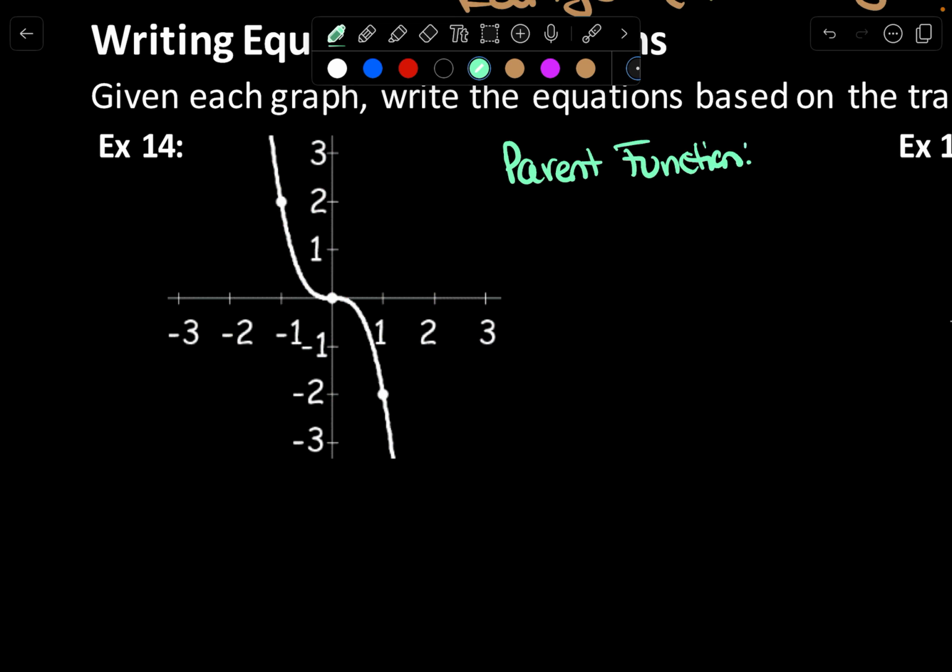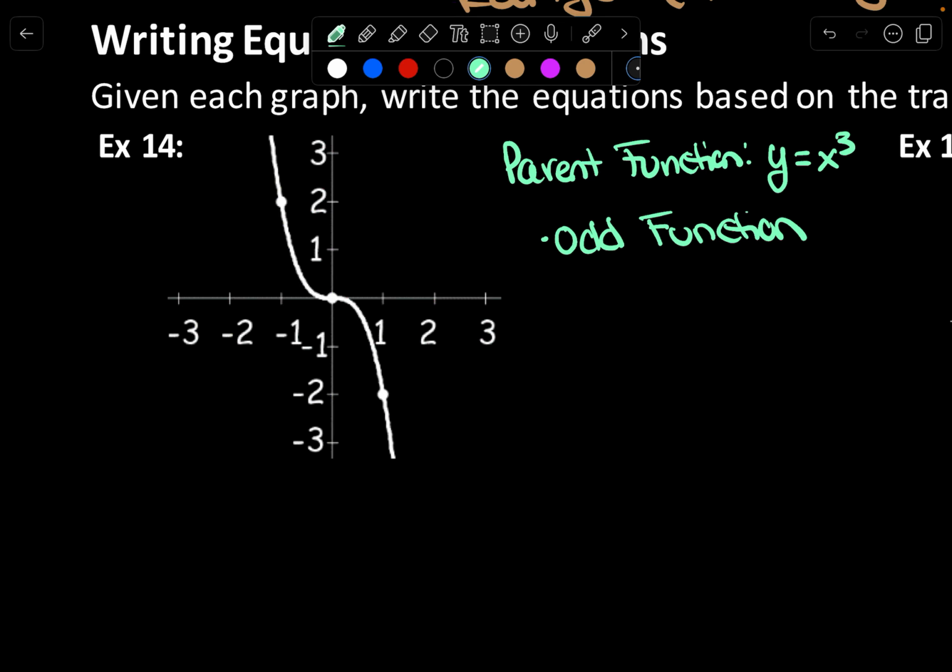And for this one, hopefully you can see that it is y equals x cubed. Okay, we have the odd relationship. It's monotonic, which means it's always increasing or decreasing. So we have an odd function here, which can help us see any transformations that are occurring.